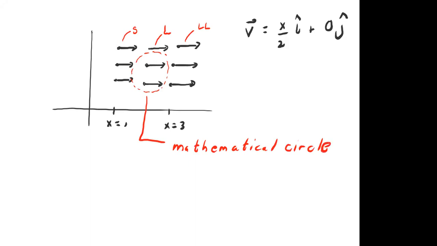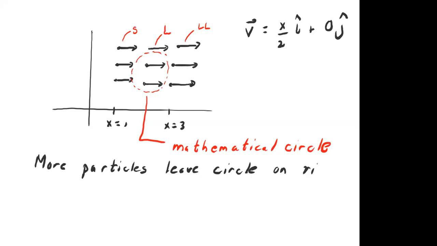And if you look at this circle, physically, more particles leave the circle on the right as a function of time than enter the circle from the left.